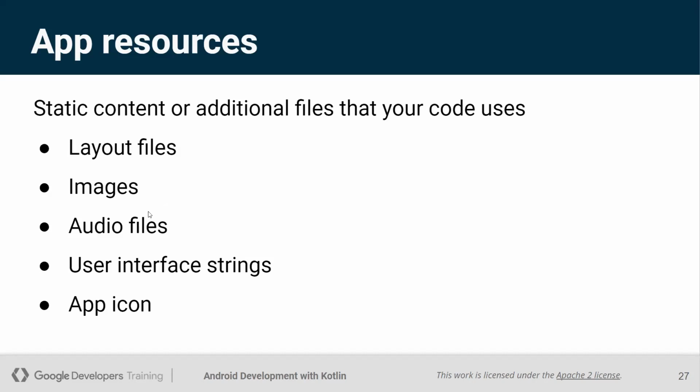In Android Studio, if you go to layout files, you will be able to see the XML file that we use to design the app interface. Images and audio files, user interface strings, and app icons can also be found in the resource files that are available in the Android Studio interface.